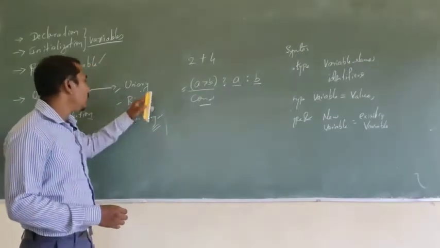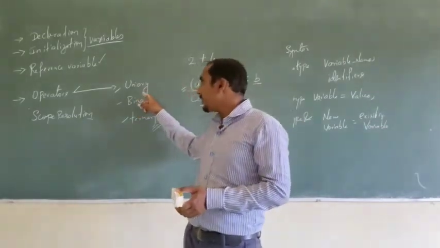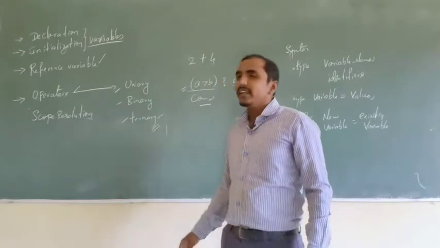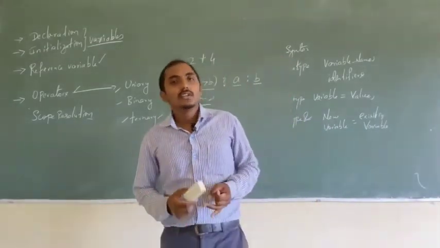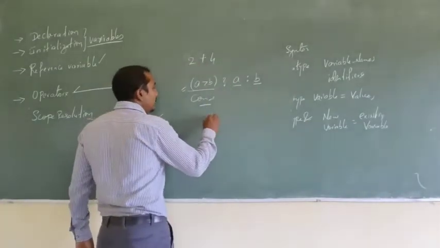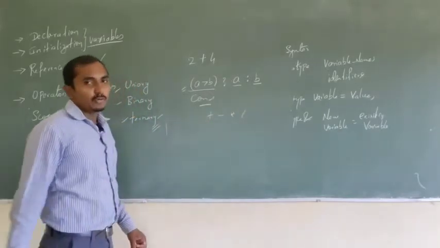Now, these topics you have already studied in C programming, and the same operators are repeated in C++ also. If you consider binary operators, you have arithmetic operators and logical operators. Arithmetic operators are plus, minus, multiplication, division, all binary operators.